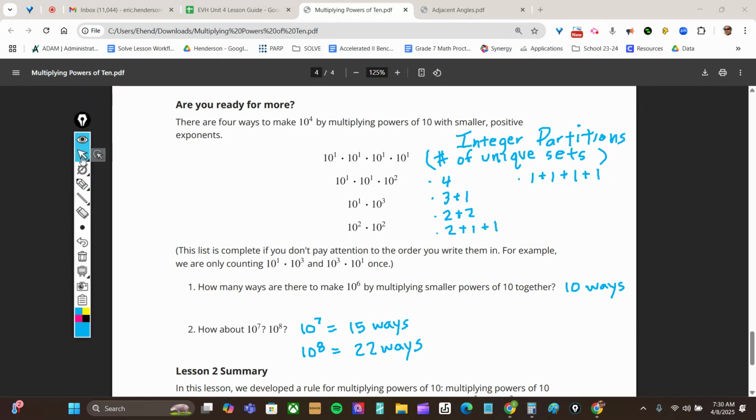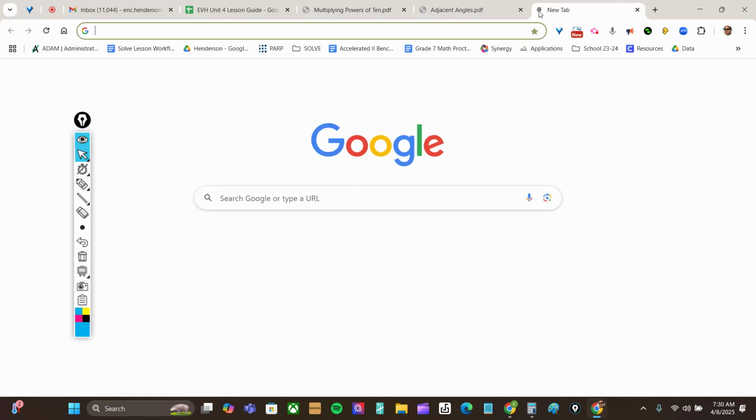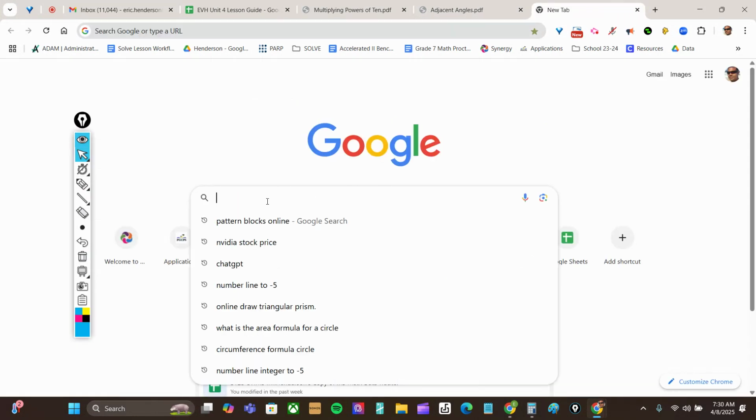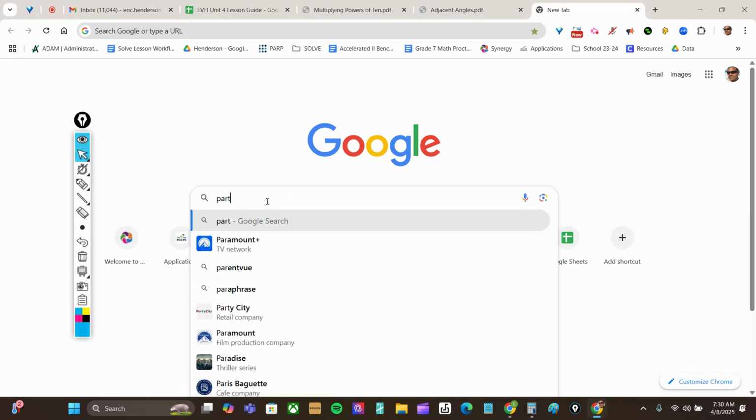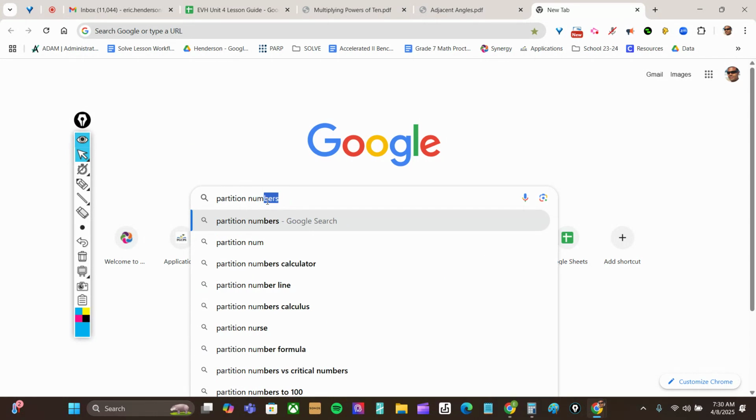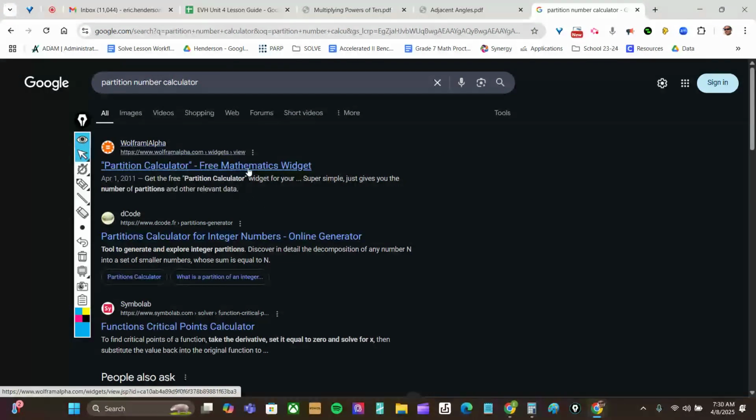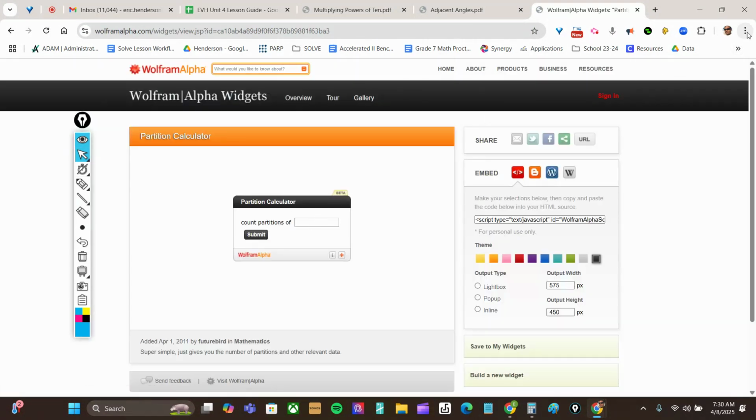Like I said, these are called partition numbers. If you went on Google and searched for a partition number calculator, then clicked on that, it says partition calculator.